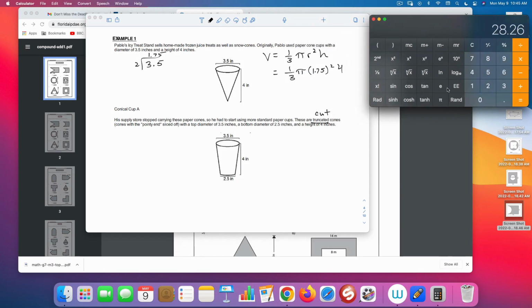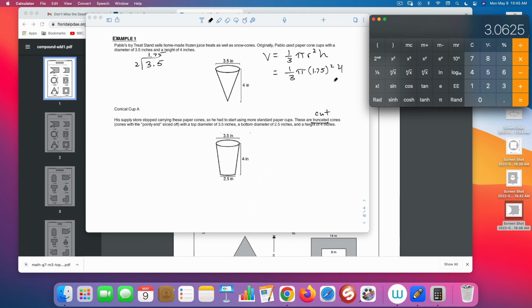Let's plug it in. 1.75 squared equals 3.0625.